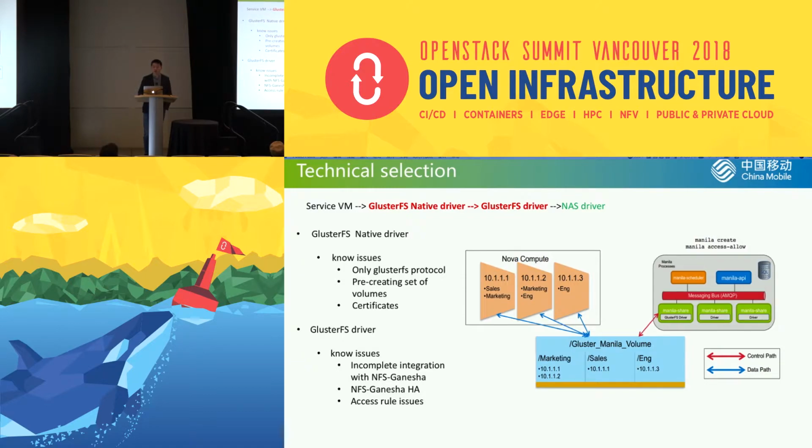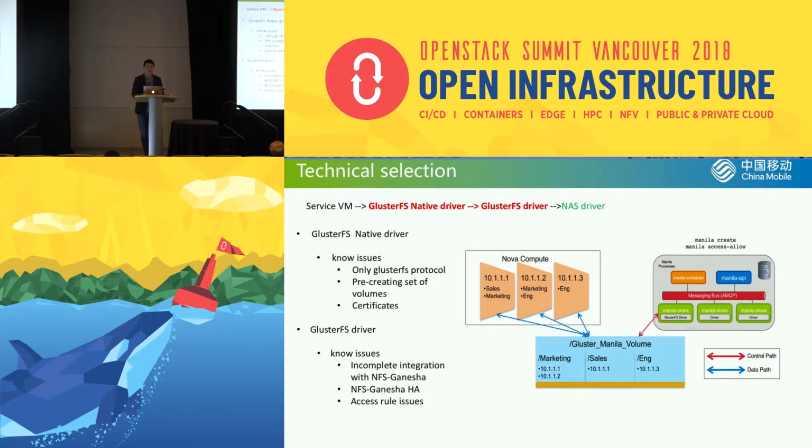Access to each share is controlled via TLS certificates. The users must install the GlusterFS client application. The most important thing is that GlusterFS volumes are not created on demand. All the volumes should be created in the deployment plan, along with some other issues reported in the community. So we dropped this driver.